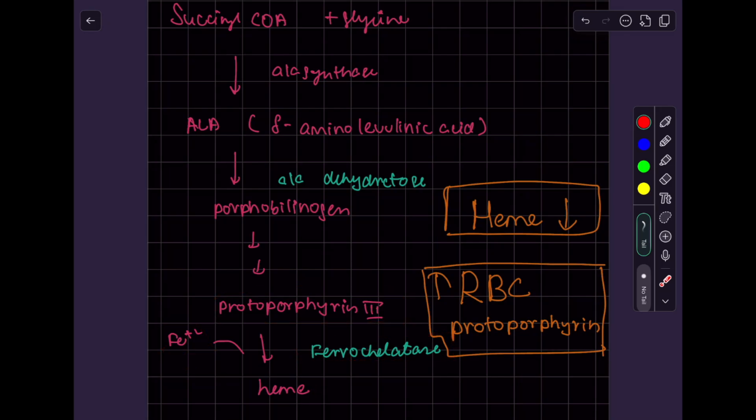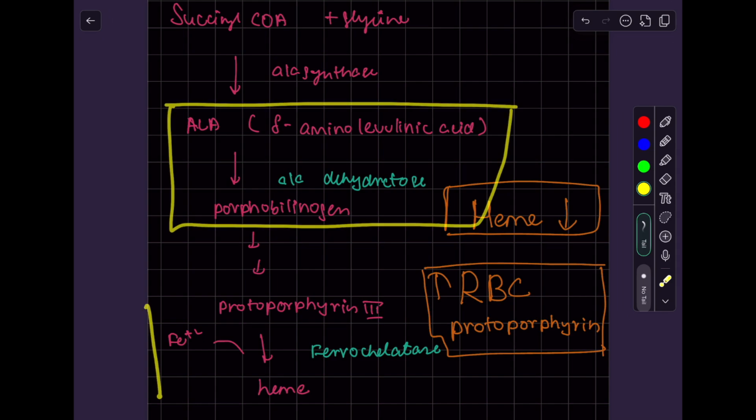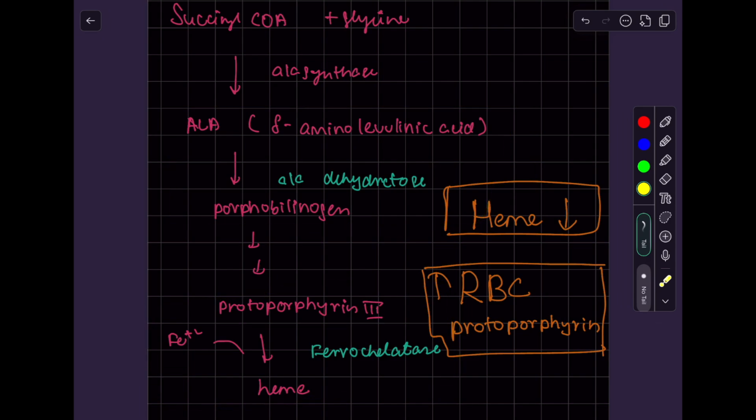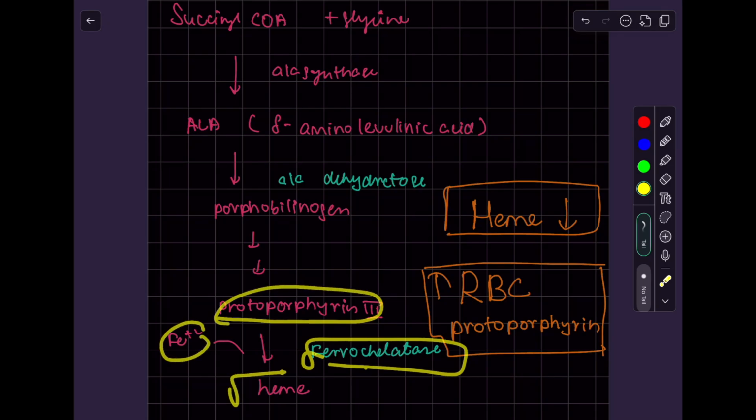Now we can see that there is a lot happening here, but what is important in case of lead poisoning is this step and this step. That is ALA dehydratase enzyme, which converts ALA to porphobilinogen, and ferrochelatase enzyme, which converts protoporphyrin 3 in presence of iron to form heme.